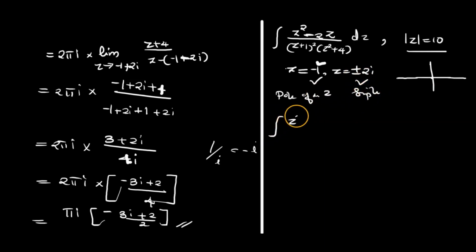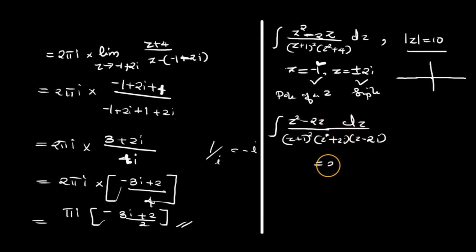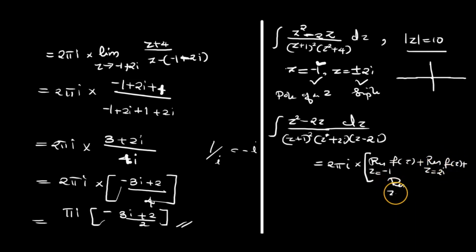So the integral of (z² − 2z) divided by ((z + 1)² (z + 2i)(z − 2i)) dz is equal to 2πi times the residue at z = −1 of f(z) plus the residue at z = 2i of f(z) plus the residue at z = −2i of f(z).